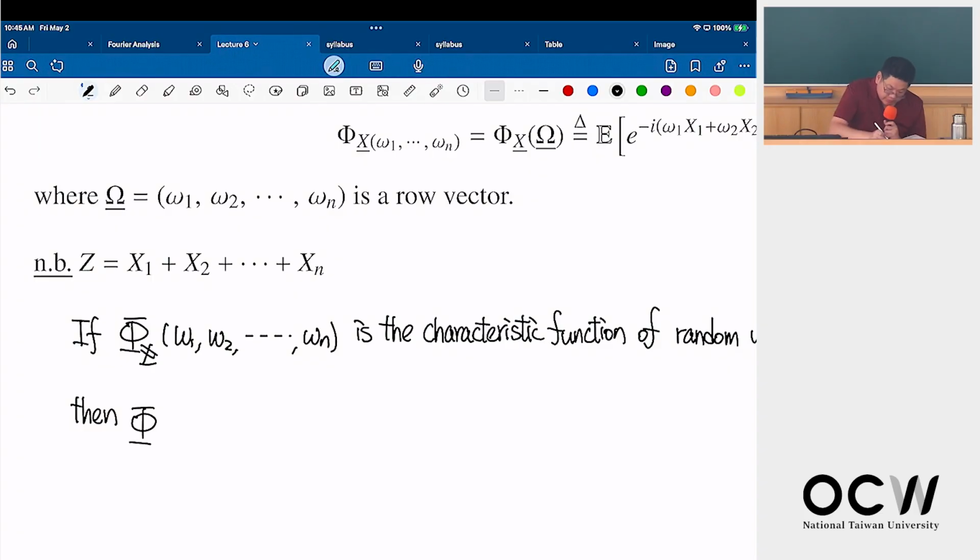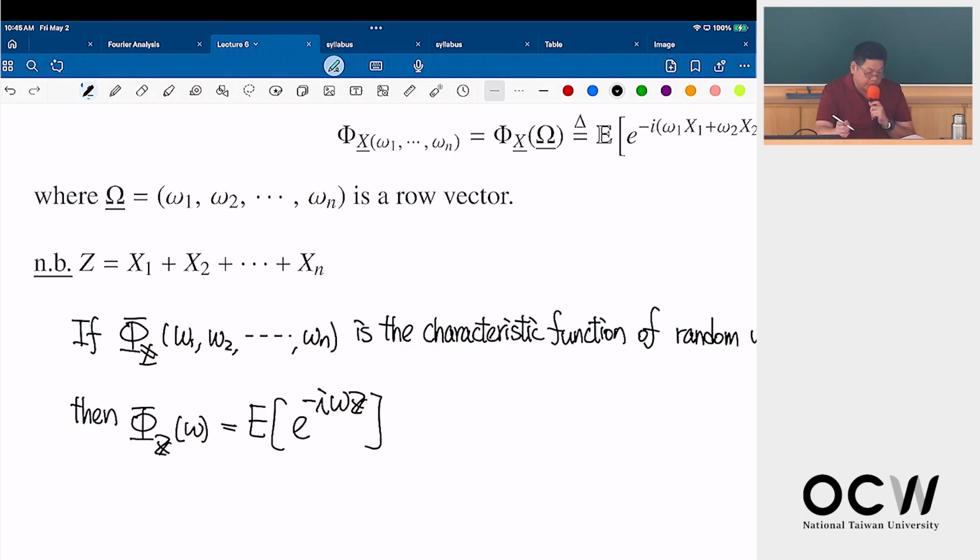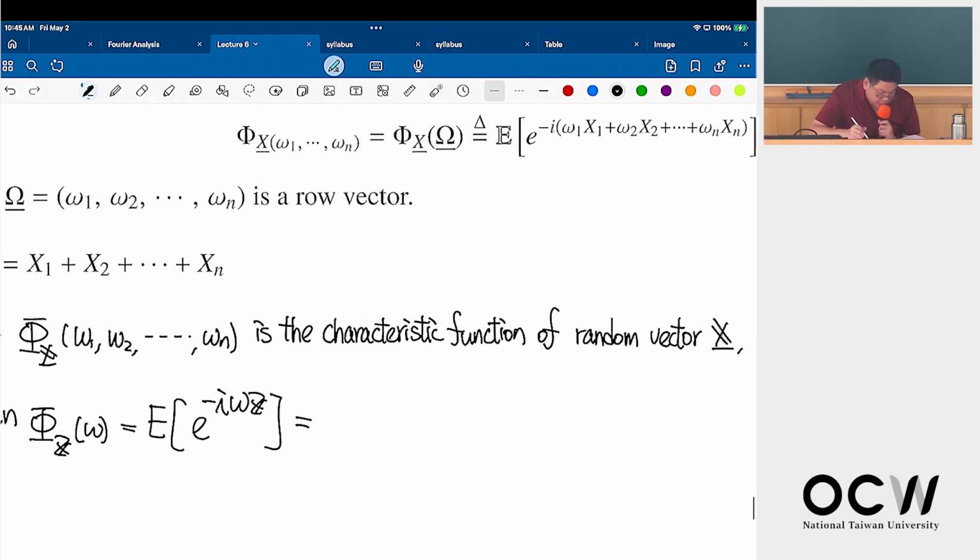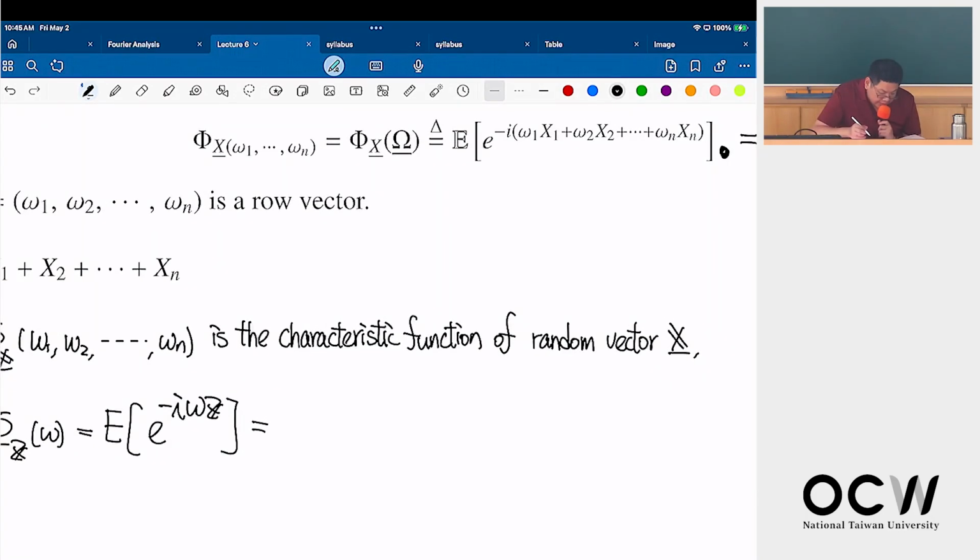The characteristic function of z is the expectation of e to the minus i omega z. That's the definition. And we know that z is x1 plus x2 till xn. So here is the expectation of exponential to the minus i omega times x1 plus x2 plus x3 till xn.